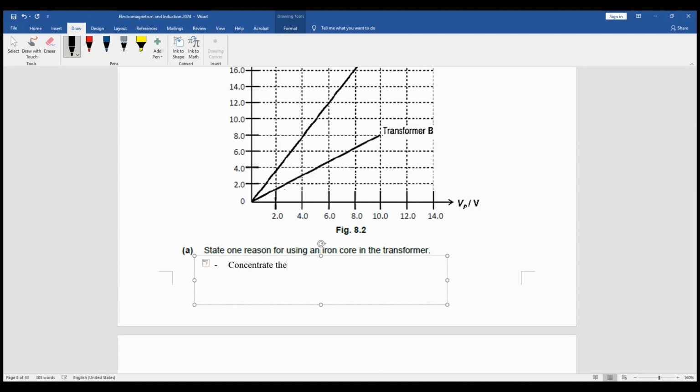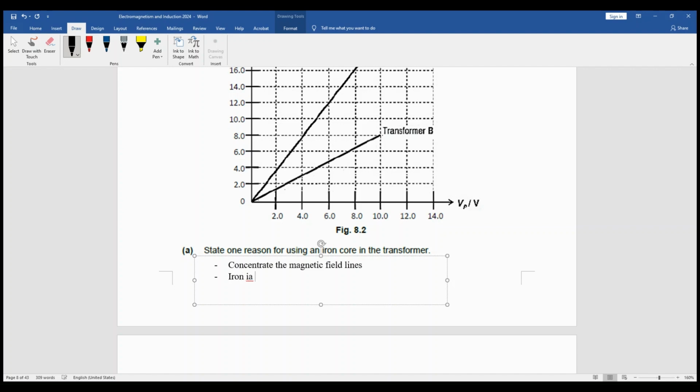Concentrating magnetic field lines is the same as strengthening magnetic flux linkage.